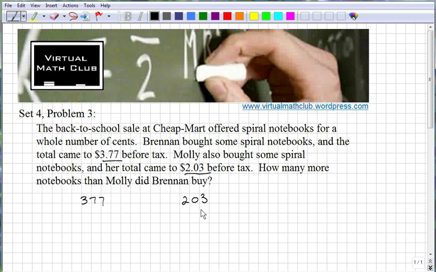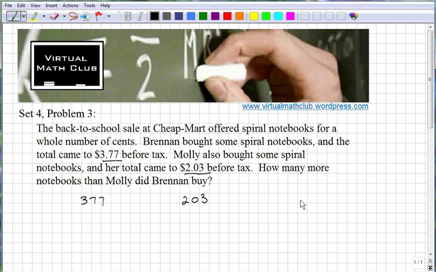So my hint to you would be to look at the factors of these numbers. And they should have a common factor, which is the number of cents per notebook. Okay? Because in both of these we took the number of notebooks they bought times the cents per notebook, and the cents per notebook is the same for both Molly and Brennan. Okay?